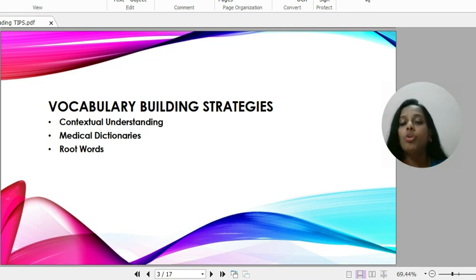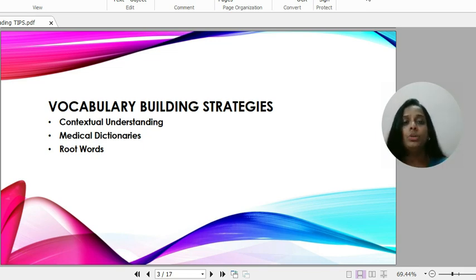And make use of medical dictionaries. For precise and accurate understanding, specialized medical dictionaries or glossaries are invaluable. These resources provide definitions which are tailored to the medical field, ensuring you fully grasp technical terms.